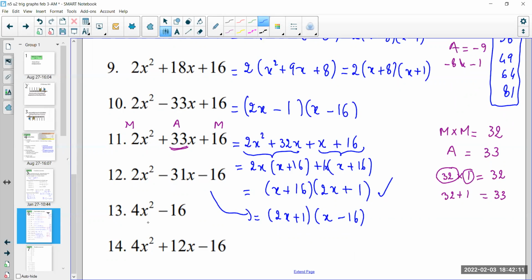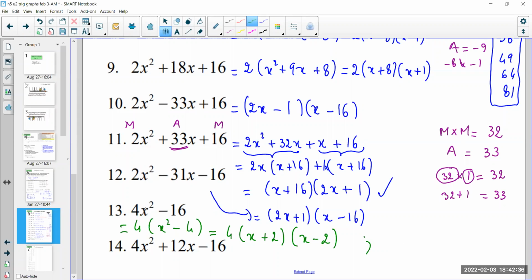If you halve twice, that means you divide by 4. That means 4 is your common factor. So you can change that to 4 times x squared minus 4. And this time you've got a difference of two squares, which gives you 4 times x plus 2 times x minus 2.